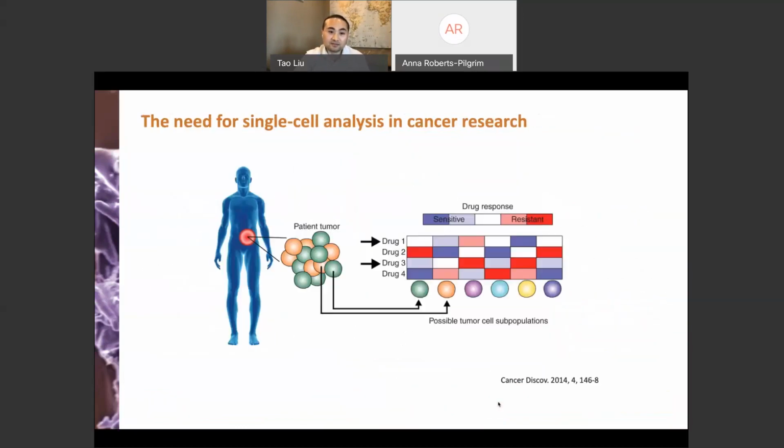Needless to say, for the audience here, it's really important to characterize these tumors at as fine a detail level as possible to understand the heterogeneity issue. This can also directly affect the patient's response to any treatment or therapy.